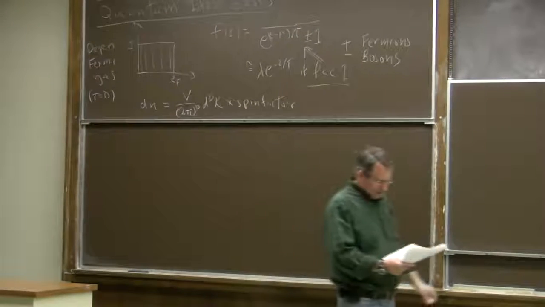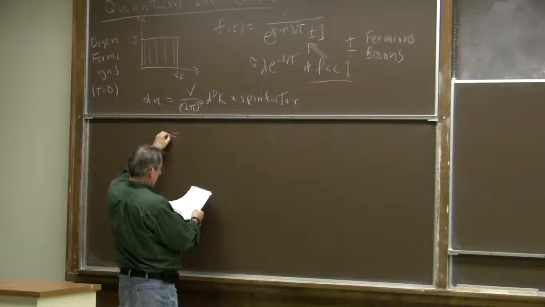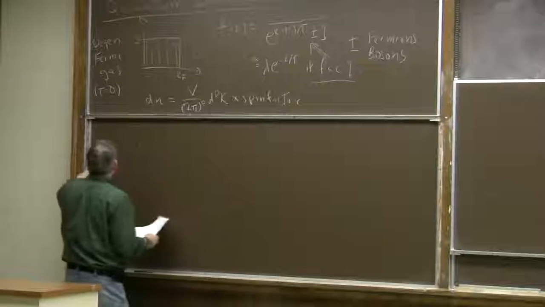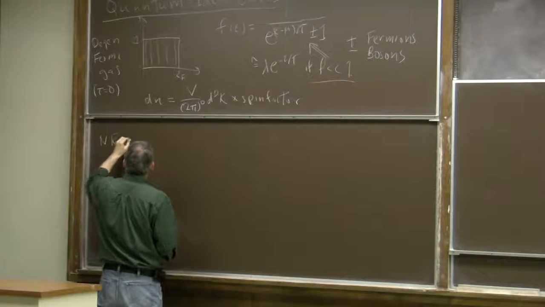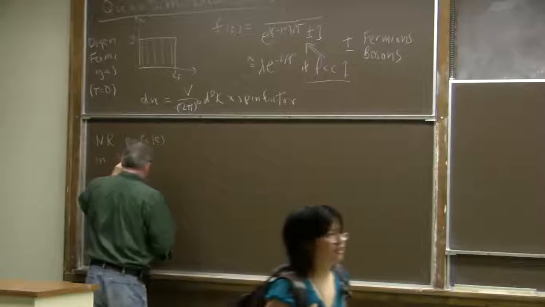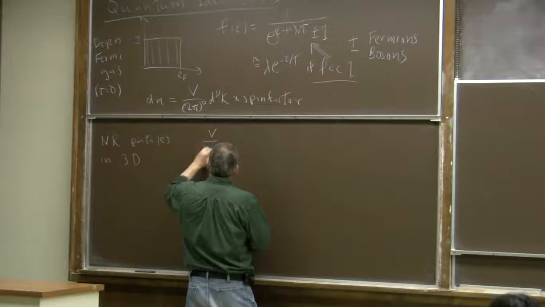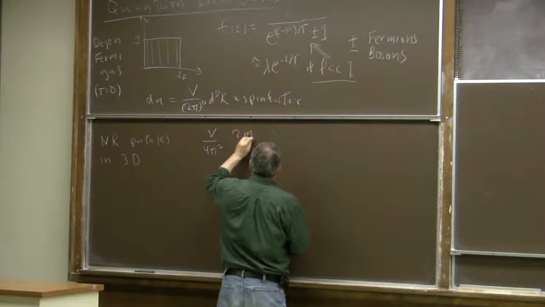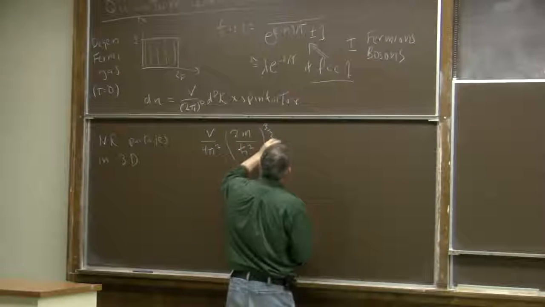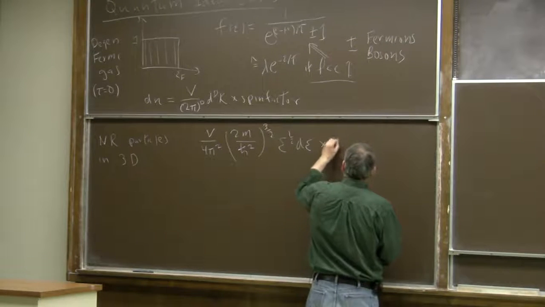I could write that in particular, in the case of non-relativistic particles in 3 dimensions, as volume over 4 pi squared, 2m over h bar squared to the 3 halves, energy to the 1 half, d energy times the spin factor.